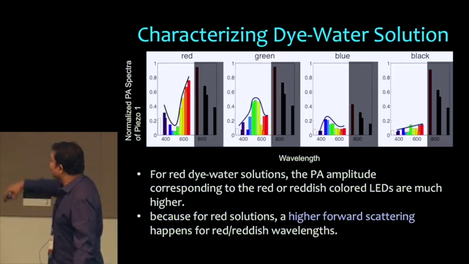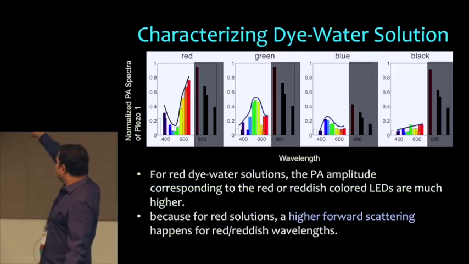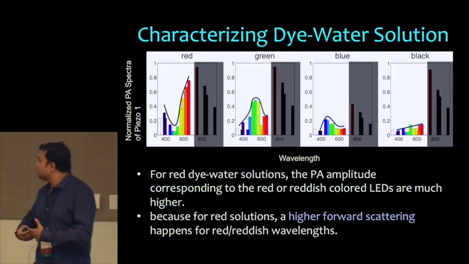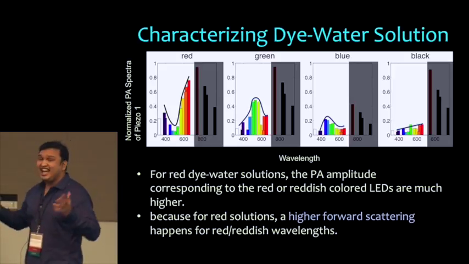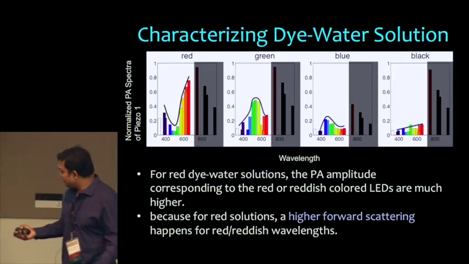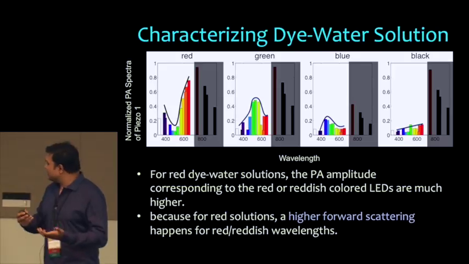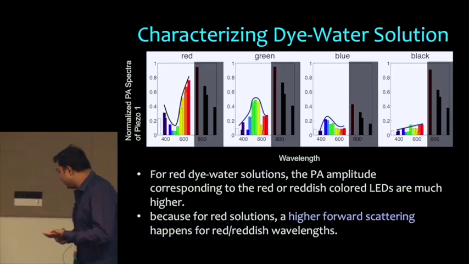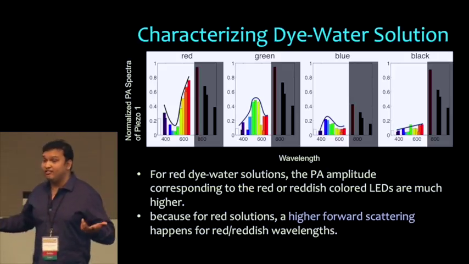So let's shade it out, and if we look closely, we can easily see that for red dye water solution, the photoacoustic amplitude corresponding to the red or reddish color LEDs is much higher, right? It is essentially because a red solution is producing a higher forward scattering for red or reddish wavelengths.